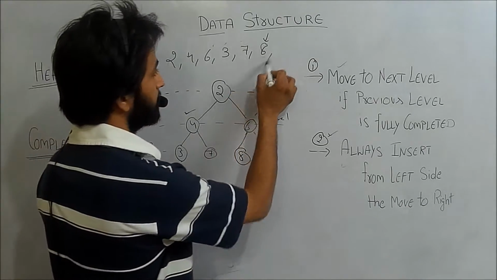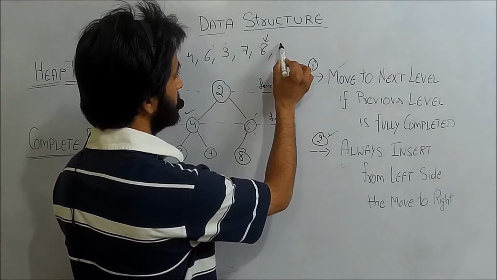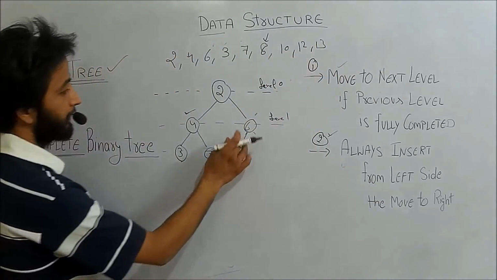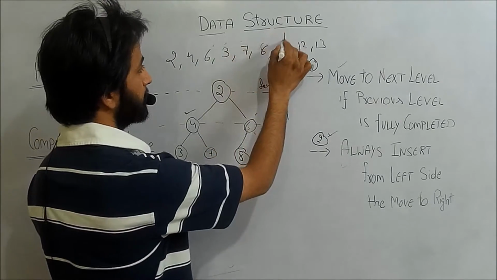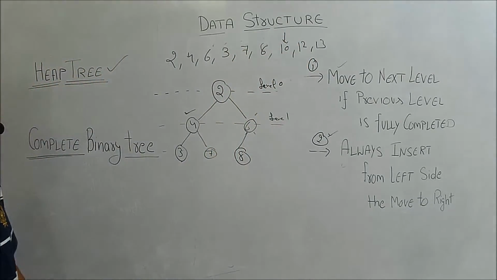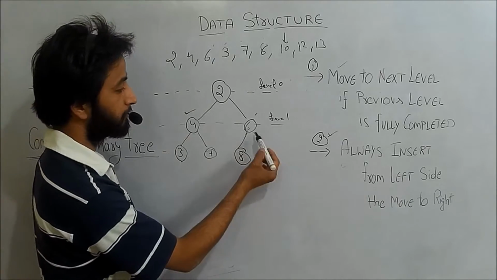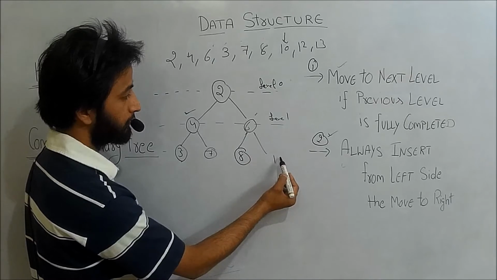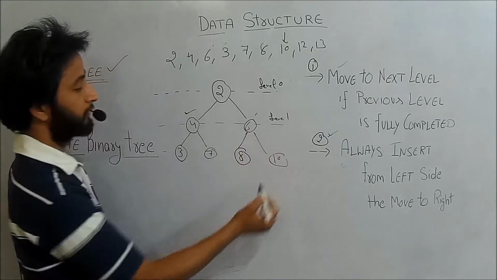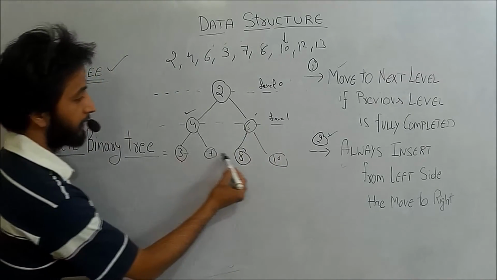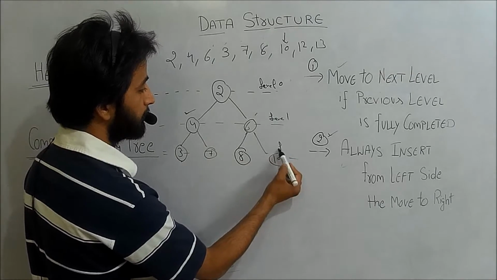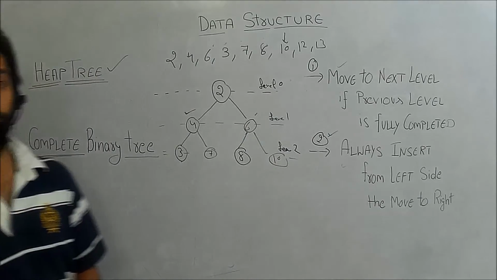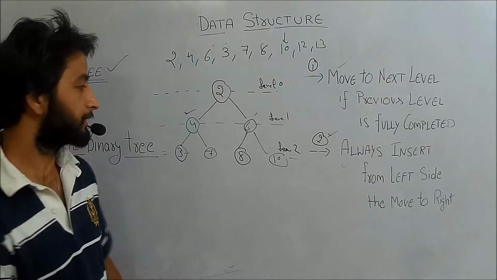If the next elements are 10, 12 or 13, then after 8 is completed, the next element is 10. We have to insert that 10 element to the right, because left is complete, then we can move to the right of this. So now we have seen that level 2 is also complete, so we can move to the next level, which is level 3.